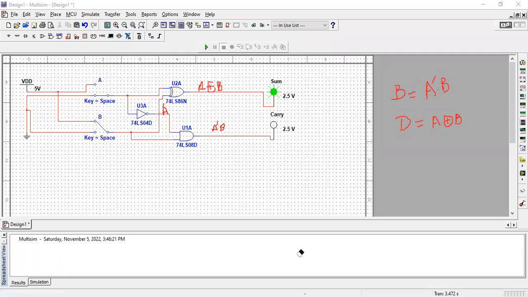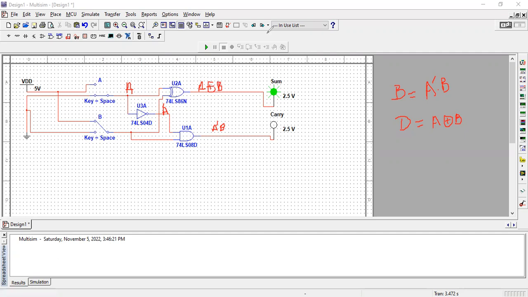Okay, this is A over here, now not with A complement. Now this output function is A complement dot B, and A exclusive OR B.